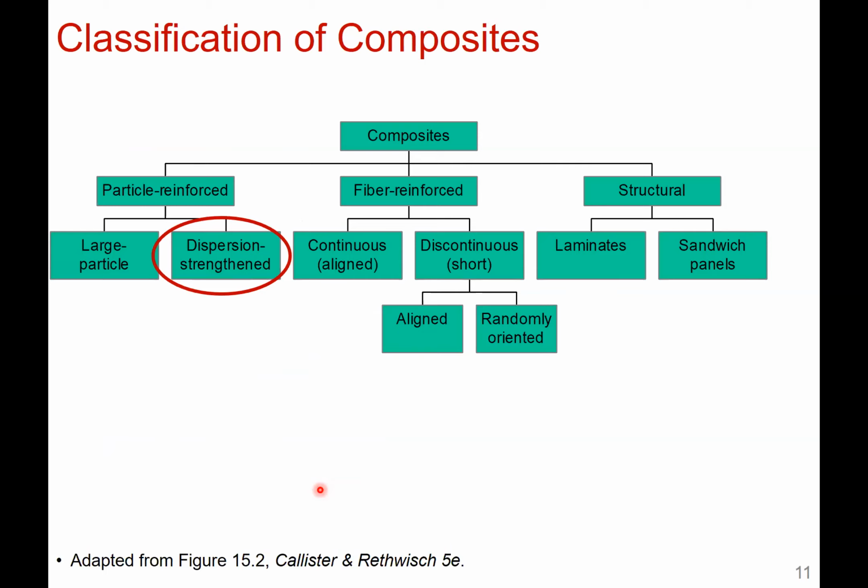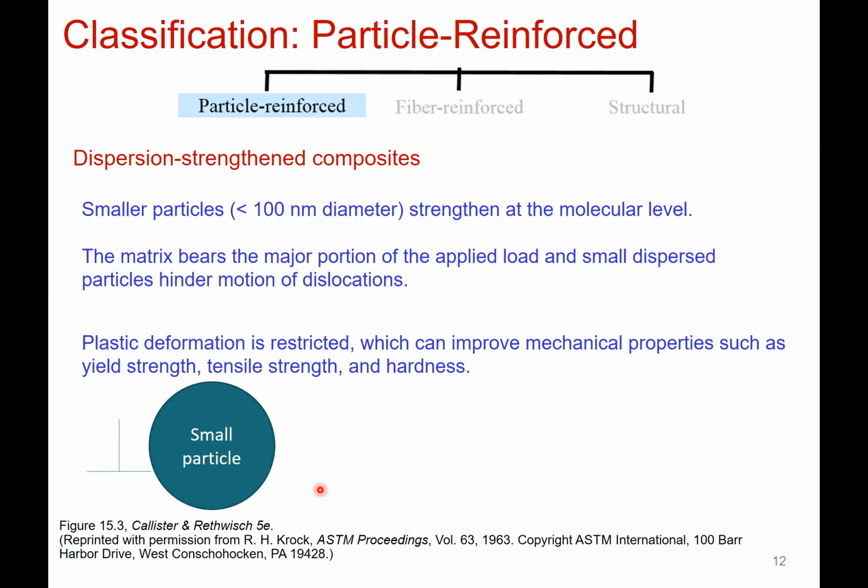Okay, so now we talk about dispersion strengthened particle reinforced composites. For dispersion strengthened composites, these are much smaller particles, typically on the order of 100 nanometers in diameter.